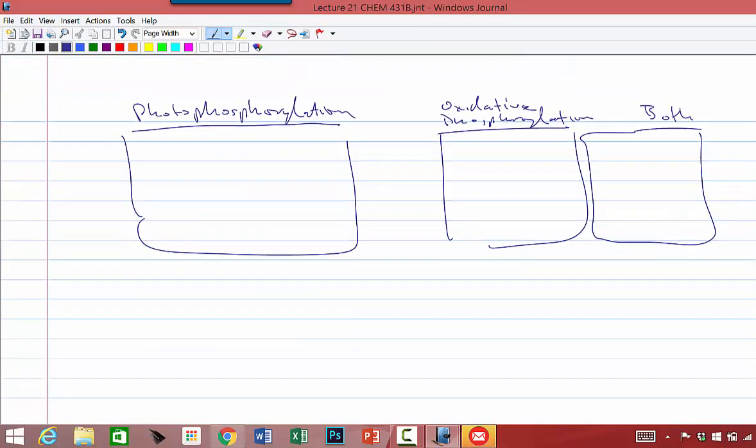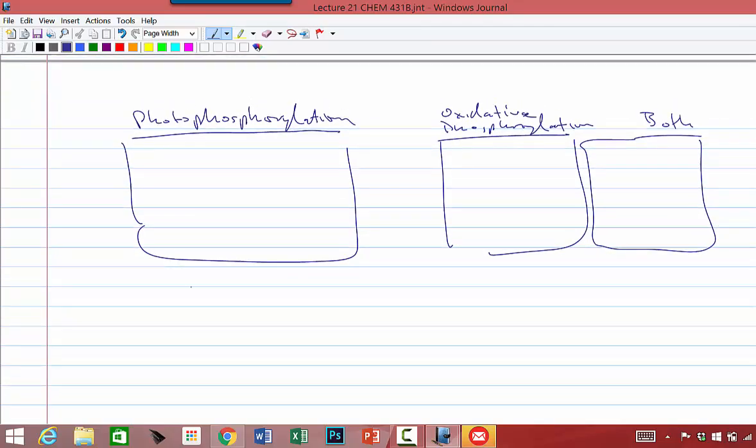And what are these different terms? One of them is quite easy. Occurs in chloroplasts. Occurs in plants.